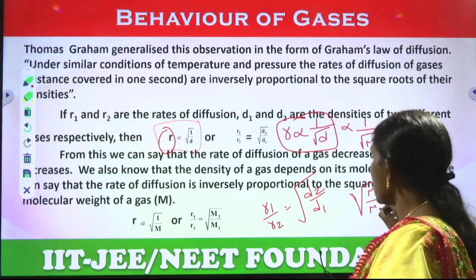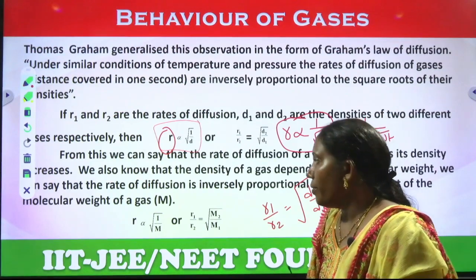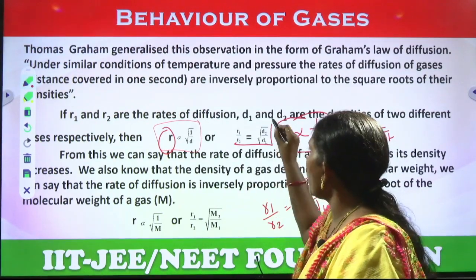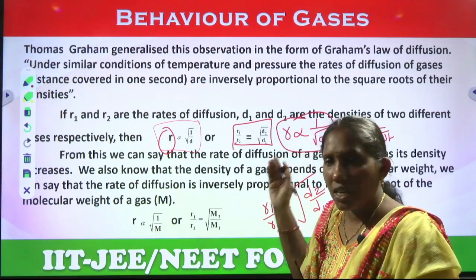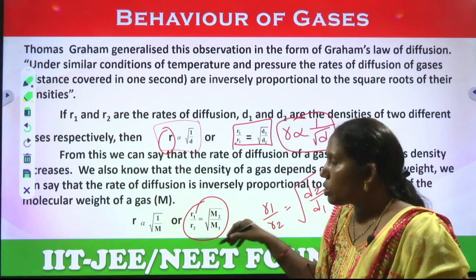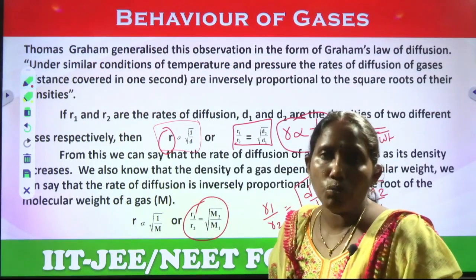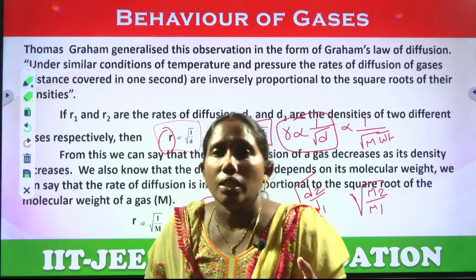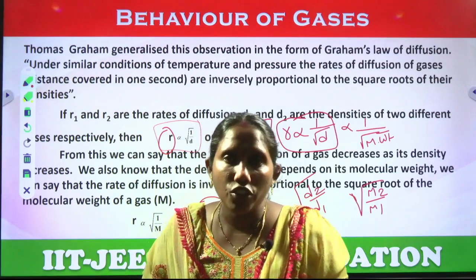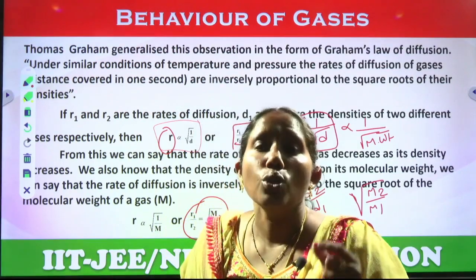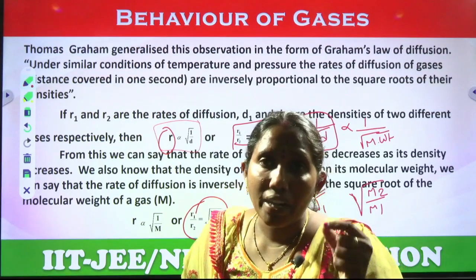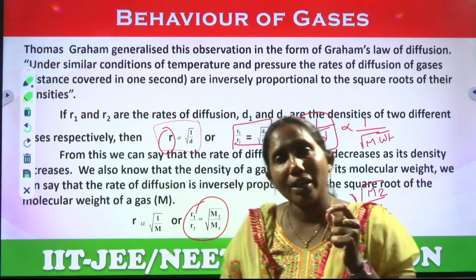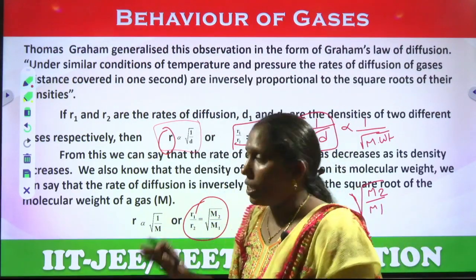Here M2 represents the molecular weight. So that is what R1 by R2 equal to square root of its density. R1 by R2 equal to square root of its molecular weights M2 by M1. So what is the Graham's law of diffusion? Rate of diffusion is directly proportional to square root of 1 by its density. 1 by root density also we can take, right?